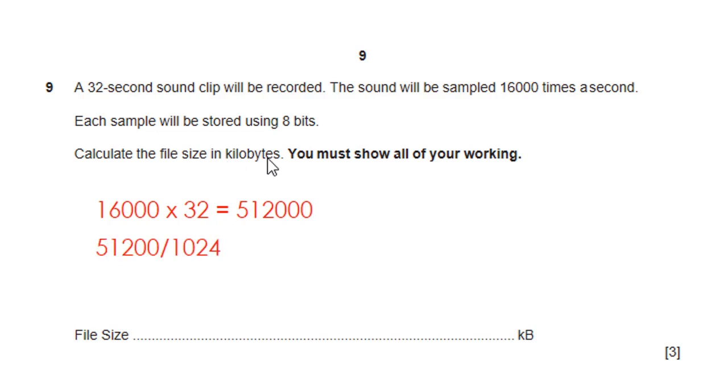So what we need to do to get this into kilobytes is divide it by 1024, and also in the exam you could also do this by dividing it by 1000 to make the calculations a little bit easier. And that would give you around 500, or 510 kilobytes would be the answer for this question. So just be aware of this, because we didn't have to divide it by 8 because we're already storing 8 bits per sample, 1 byte per sample.